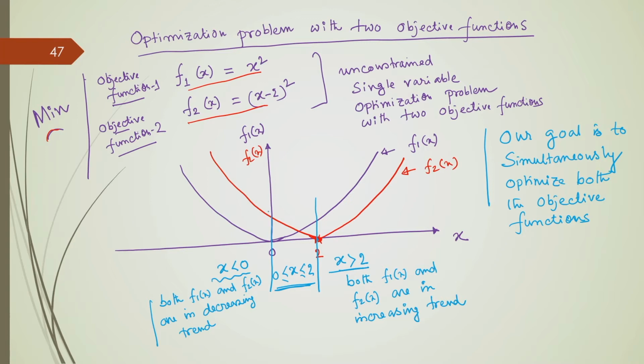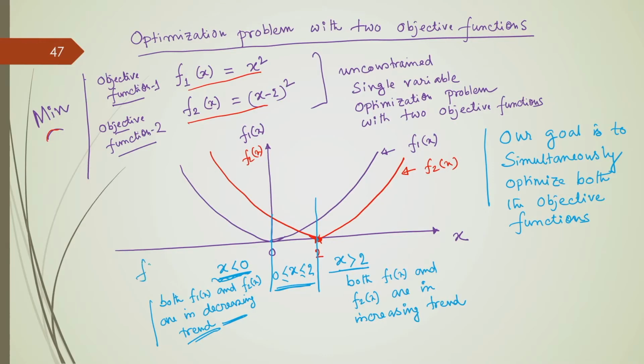Okay. So, in this region, now if we consider optimizing both the objectives, when x is lower than 0, since both the objective functions are in decreasing trend, or of the same type, they follow similar characteristics. We can easily find out what would be the solution if we optimize both the objectives together, and that will eventually be similar to an objective function f(x) equal to f1(x) plus f2(x).